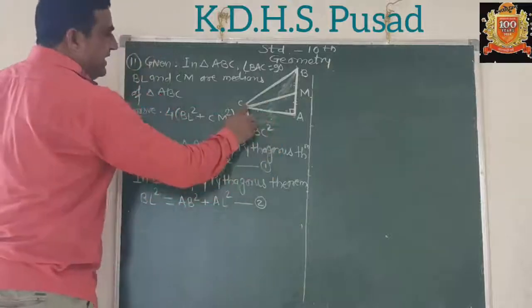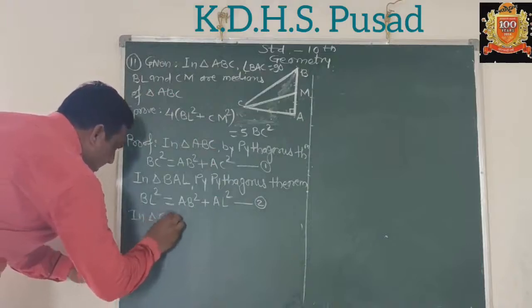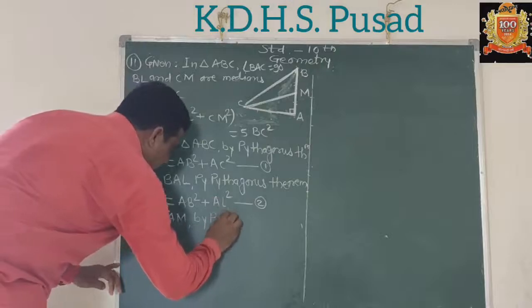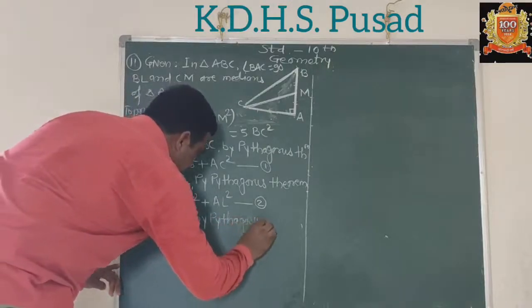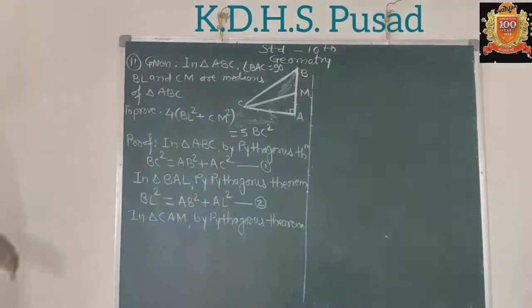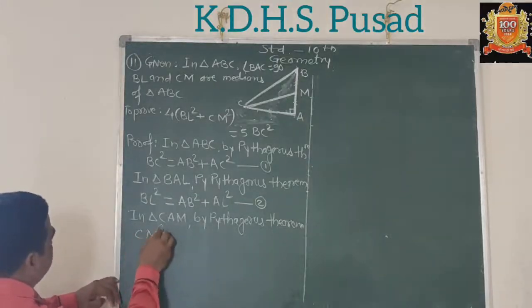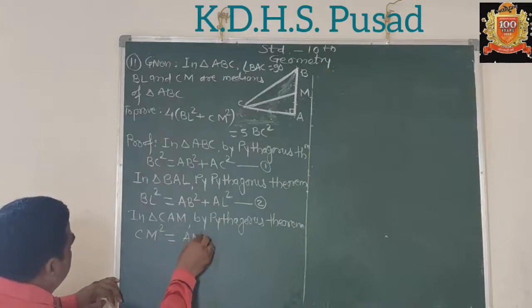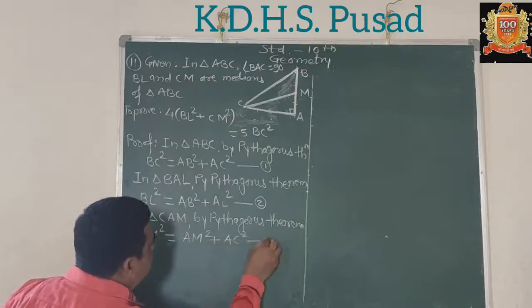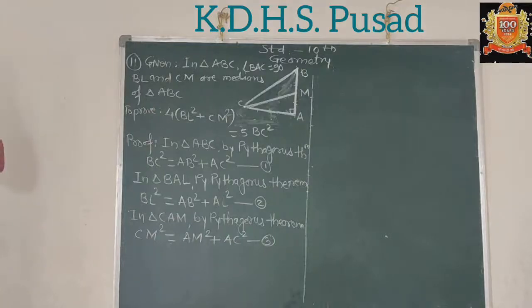In triangle CAM, 90 degrees, by Pythagoras theorem, CM square is equal to AM square plus AC square, equation 3. So we use Pythagoras theorem in all of these.